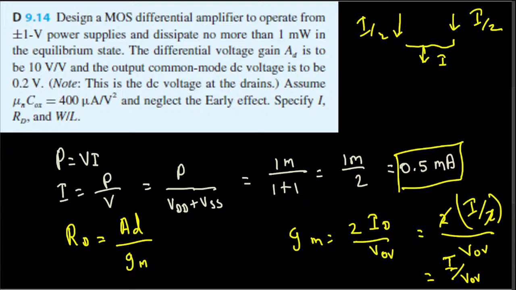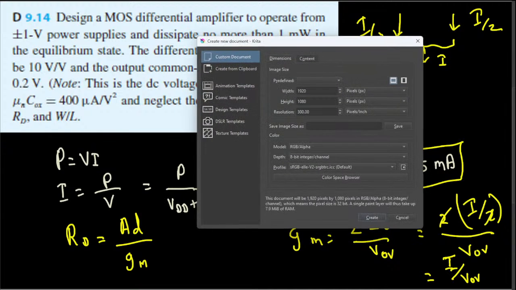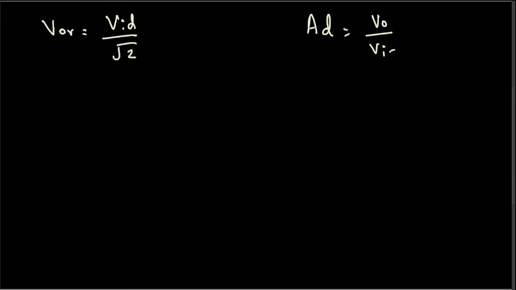We know the I value, but we don't know V overdrive, so we cannot substitute yet. V overdrive is nothing but V input differential divided by square root of 2. We don't have the input differential either, so we have to calculate that. The gain equation relates it: V output divided by V input differential equals the gain, which is 10.